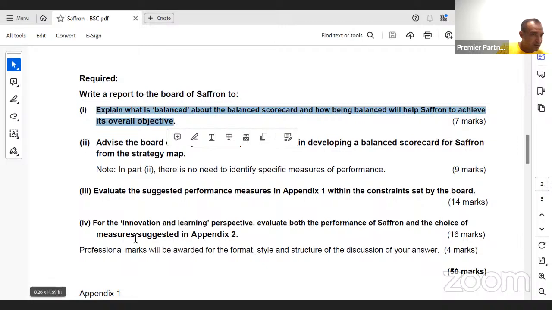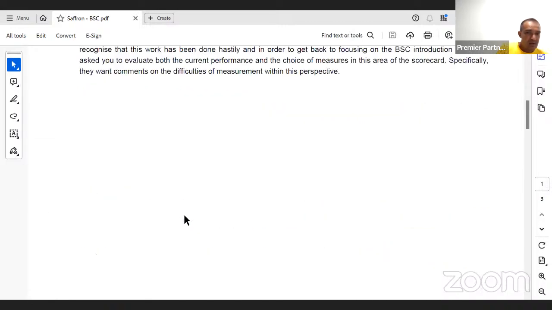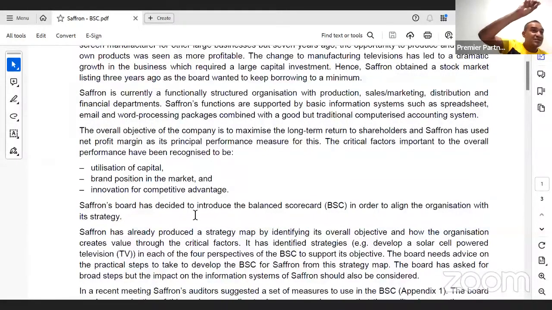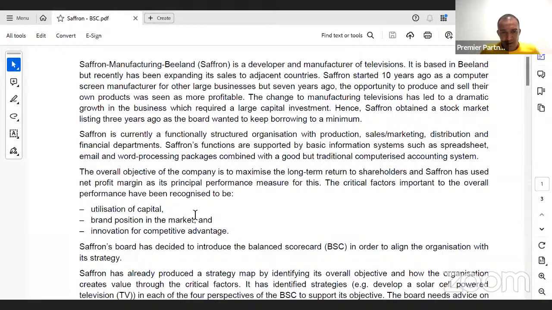every requirement will have instructions in the scenario. So you should again read the scenario to understand what exactly is the requirement. Can you just take it down, what I'm telling you now?